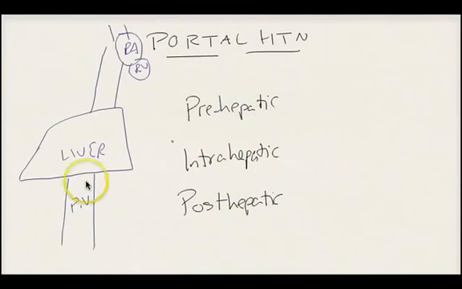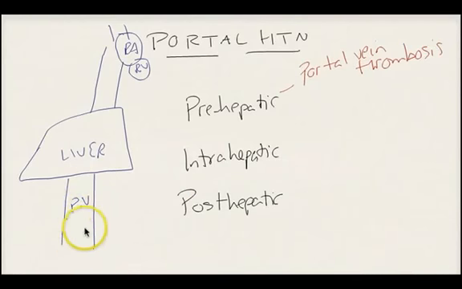Now, the two main prehepatic causes, meaning anything prior to entering the liver, are going to include portal vein thrombosis. So if we have some sort of thrombus that develops in this vein, that increases the pressure and leads to a backing up of contents.